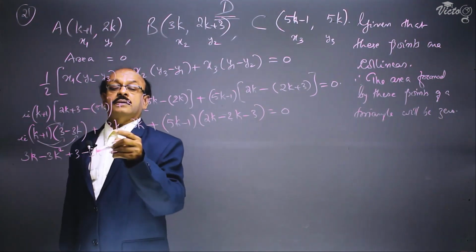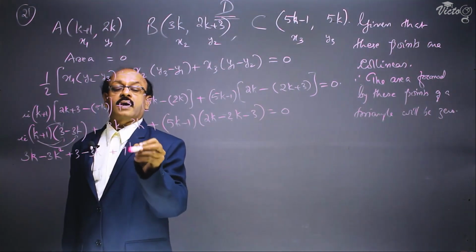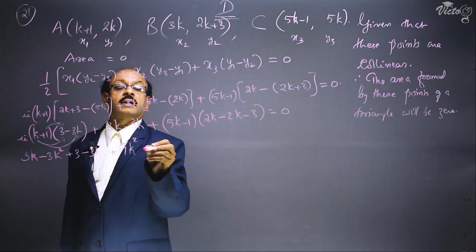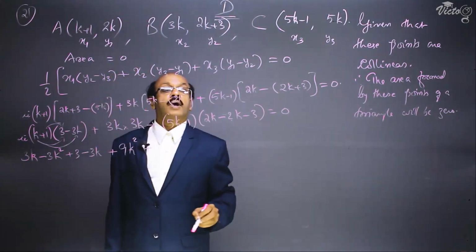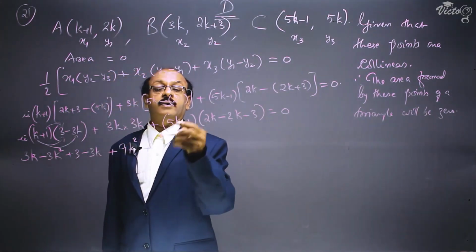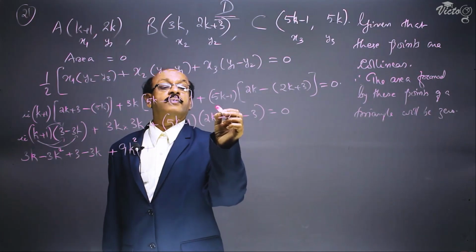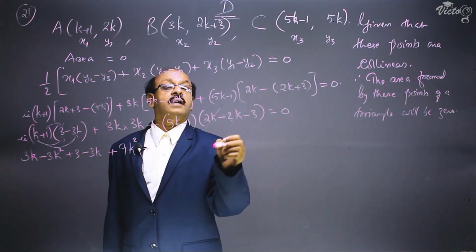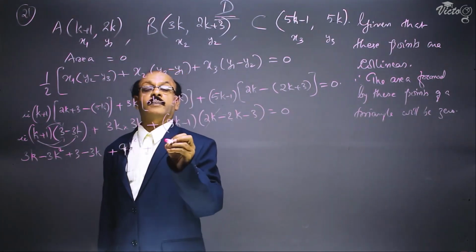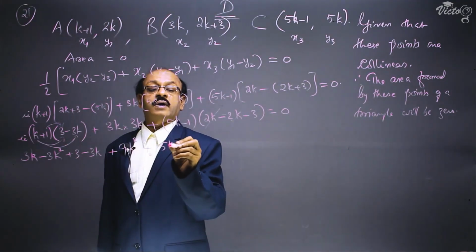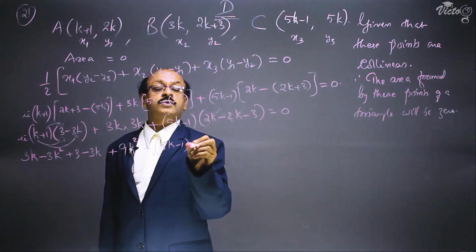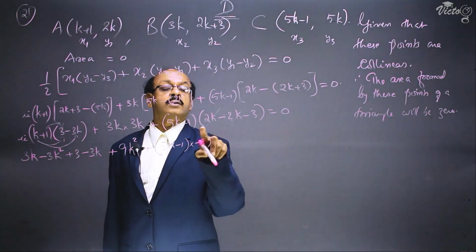Plus 3k into 3k is equal to 9k square. Again, (5k minus 1): here 2k and 2k get cancelled, the remaining is minus 3. So (5k minus 1) into minus 3 is equal to 0.